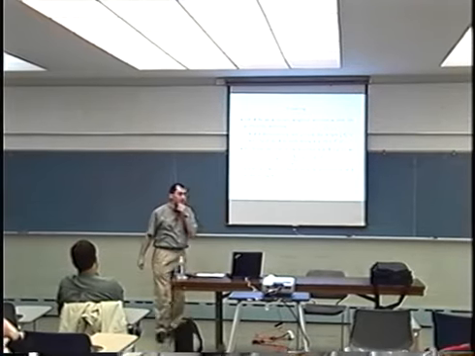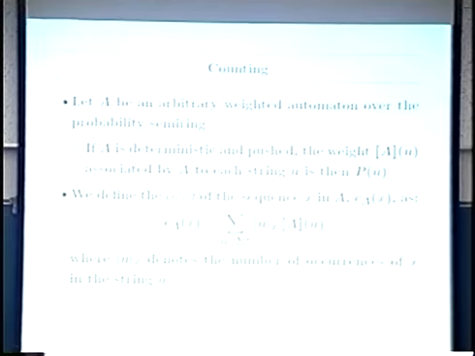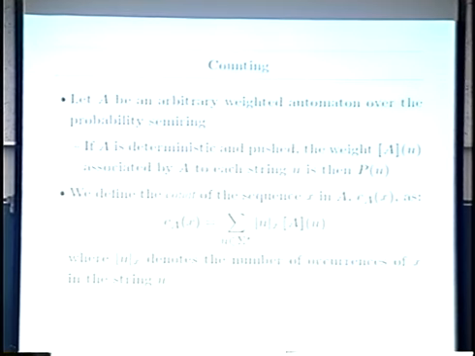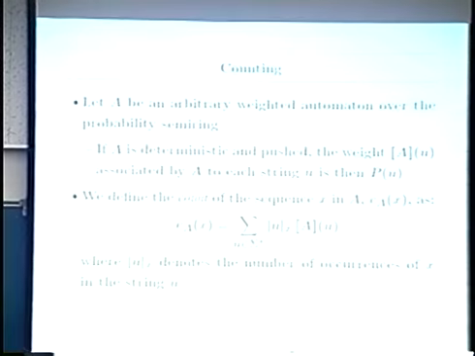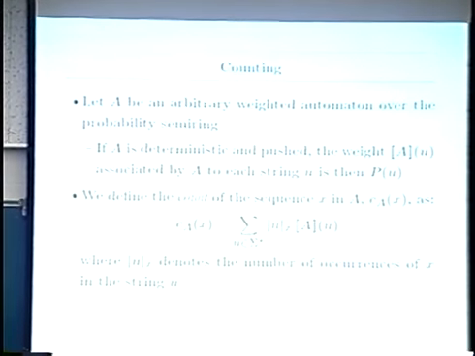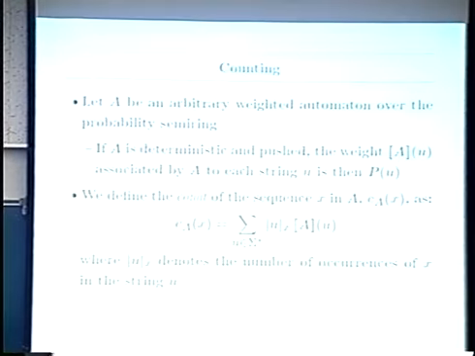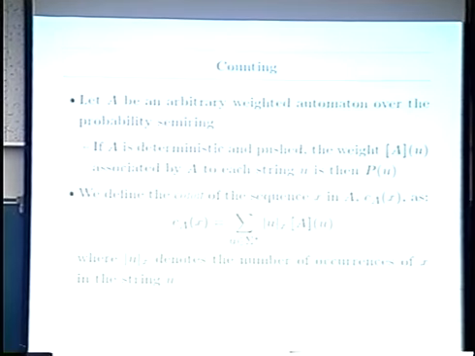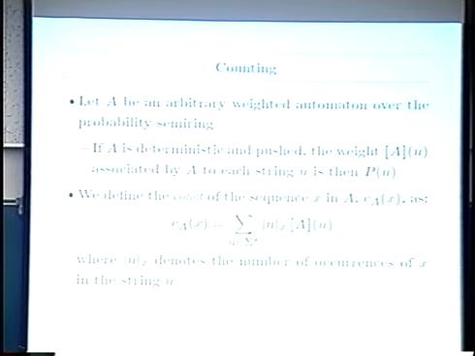Let me explain how we're doing the counting before I go any further, because that is nice to understand. Given an arbitrary weighted automaton over any semiring, but we're going to talk about the probability semiring here: if the automaton is deterministic and pushed so that we're defining a probability distribution, then the weight is essentially the probability of any string given the lattice. So what we're producing here is the posterior distribution over the paths contained in the lattice.